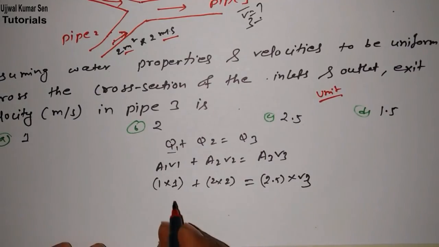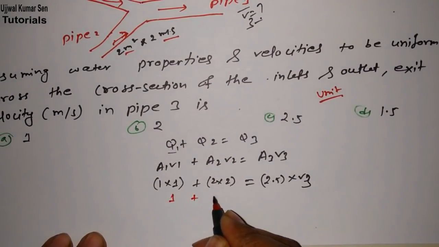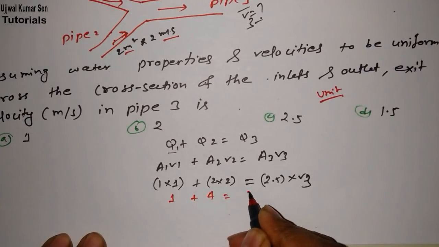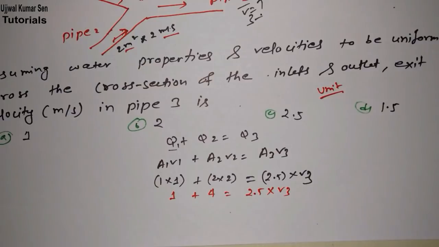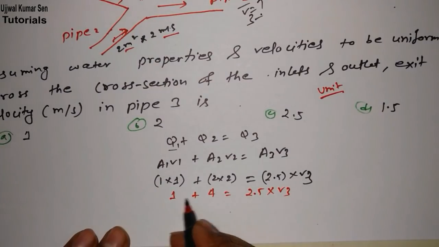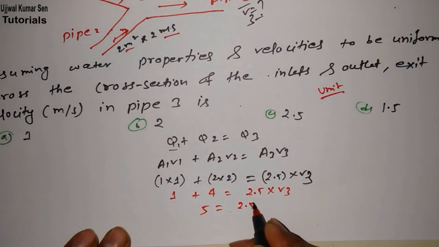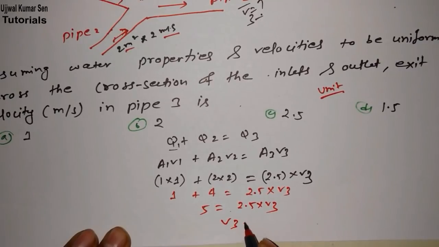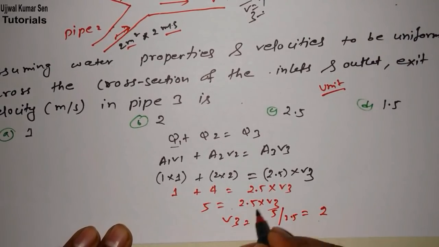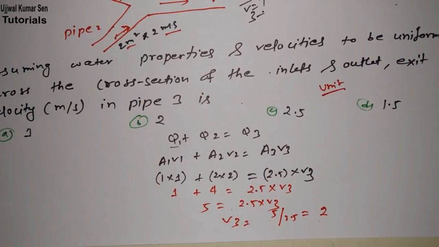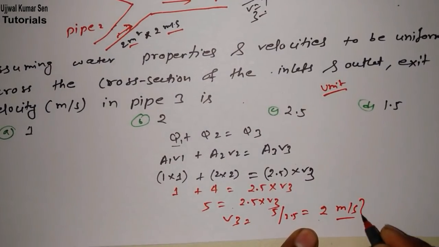So here 1 multiplied by 1, plus 2 multiplied by 2, that is 4, is equal to 2.5 multiplied by V3. We don't even require a calculator. So 1 plus 4, 5, is equal to 2.5 V3. Therefore V3 is equal to 5 by 2.5, which is 2, because all units are in SI, and the unit of velocity in SI is meter per second.